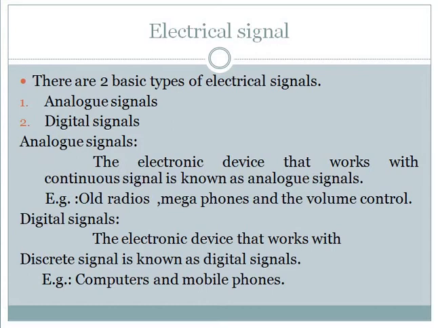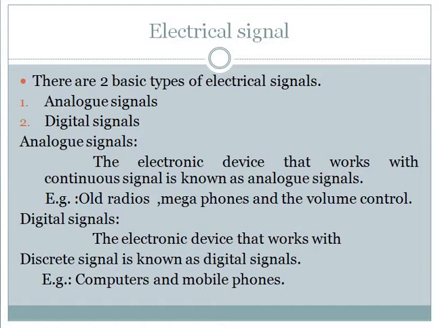So now we will see the types of electrical signals. There are two types of electrical signals. First we will see analog signal, then digital signal. What is an analog signal?